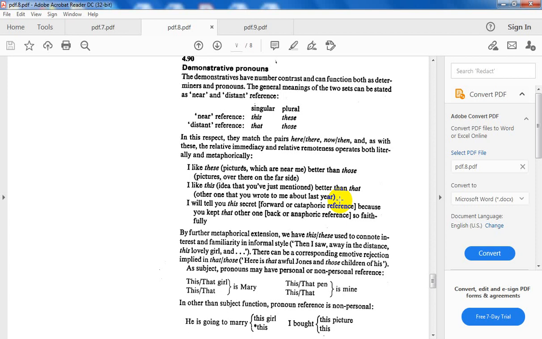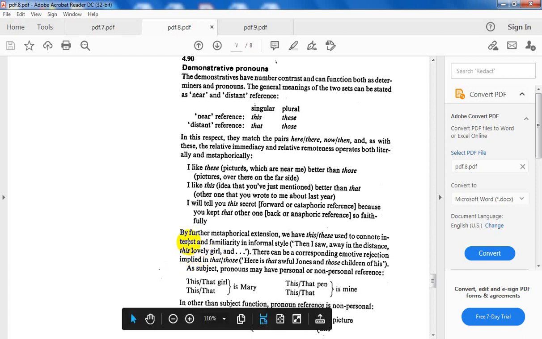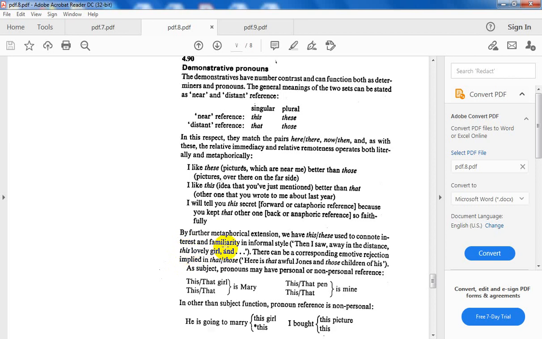By further metaphorical extension, we have this with these used to connote interest and familiarity in informal style. Then I saw, away, in the distance, this lovely girl. This should be near, but here the meaning is not real. This is not demonstrative. It's some sort of familiarity, and the style is informal.